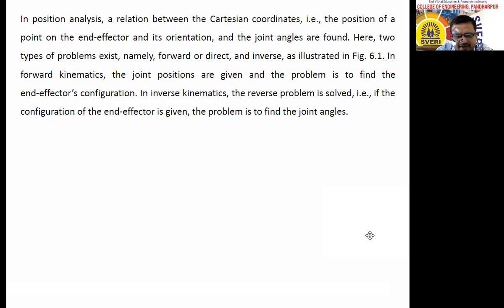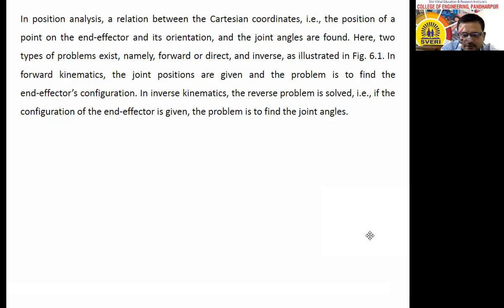In forward kinematics, the joint positions are given and the problem is to find the end effector's configuration. In inverse kinematics, the reverse problem is solved, that is, if the configuration of the end effector is given, the problem is to find the joint angles.